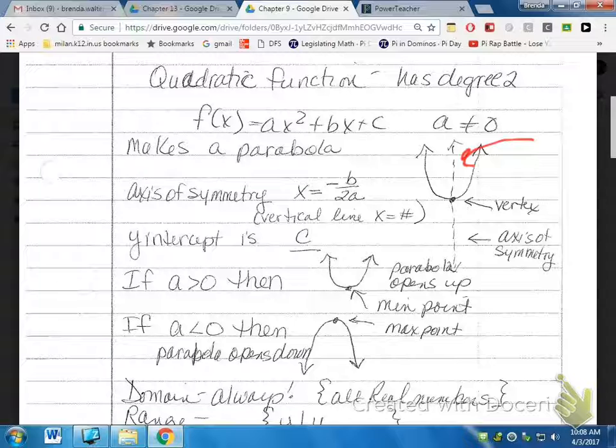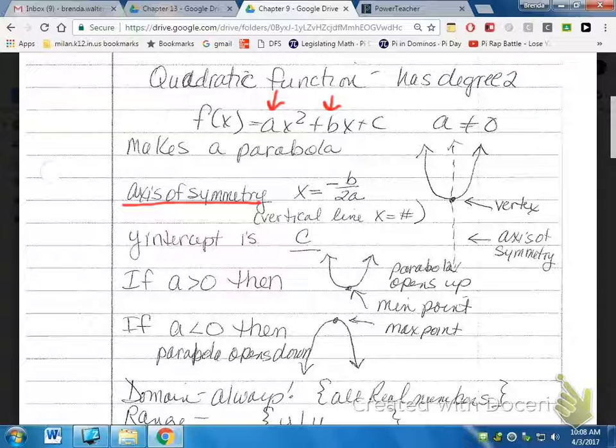So the axis of symmetry is this imaginary dashed vertical line that goes right down through the middle. The equation for that is always in this form. x equals negative b over 2 times a. So whatever these numbers are, you're going to be using them to find things like axis of symmetry.